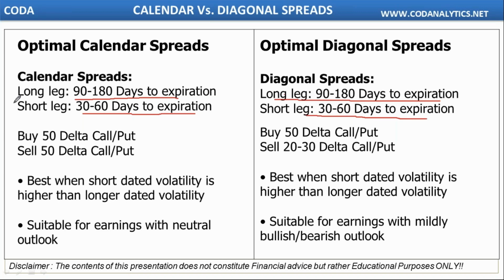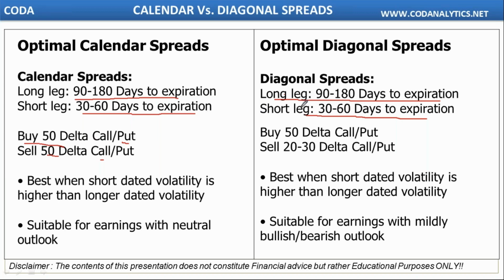In terms of deltas, for the calendar spread, we're looking at a 50 delta call or put for the buy, and also a 50 delta call or put for the sell, just because we have the same strike prices for both the buy and the sell.